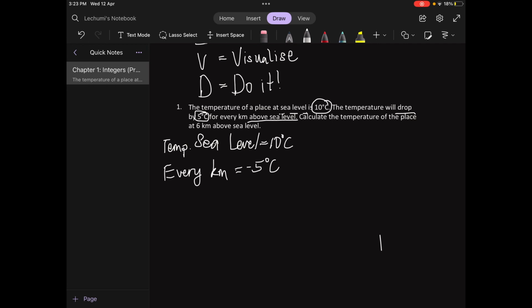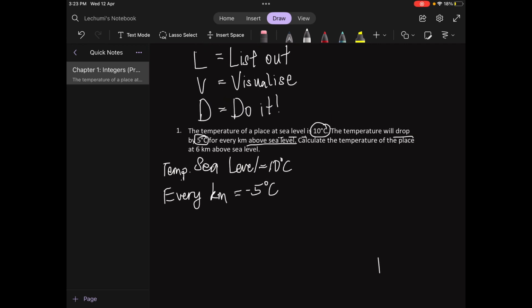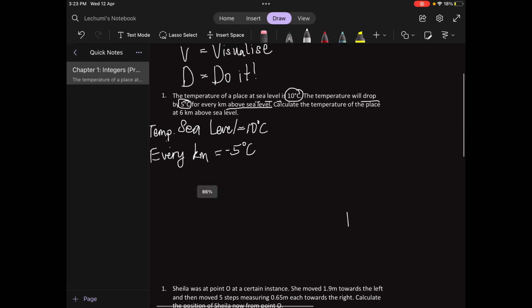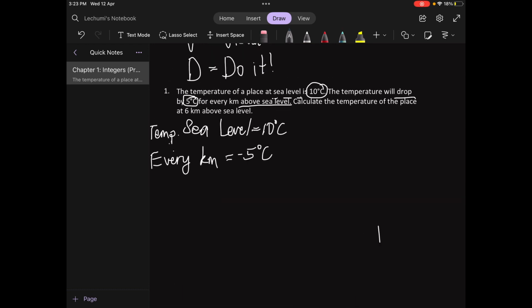Alright, we have done the first step of the LVD, which is listing out. The second step is to visualize. I would recommend you to draw it out so that you have a better vision of what's happening. So let me draw it out for you. We're going to have a sea level here. This is the sea level.